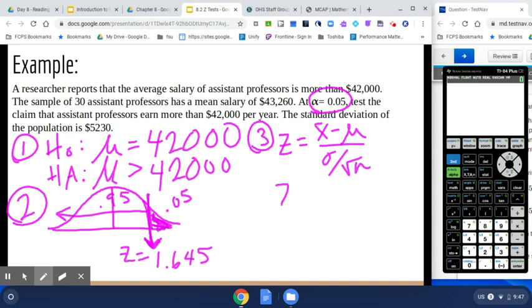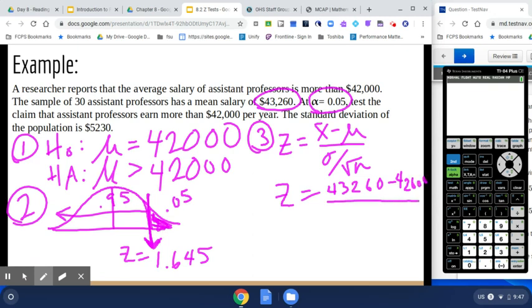So picking out the prompt values, the sample mean was 43,260. The population value was the value we used for the null and alternative hypothesis, 42,000.